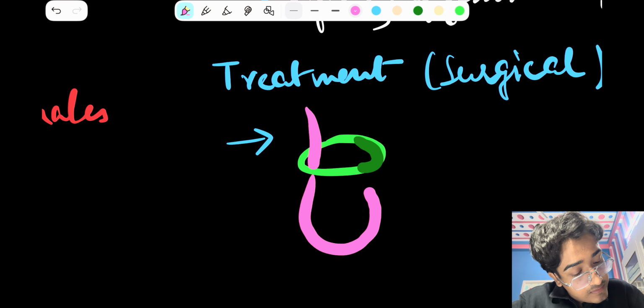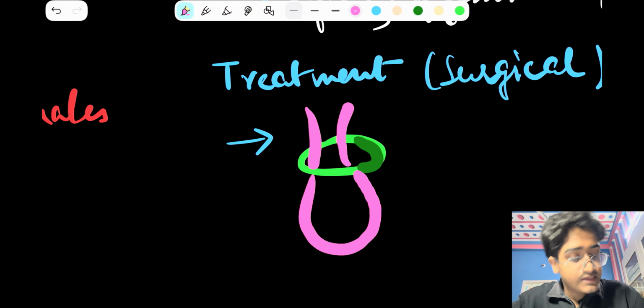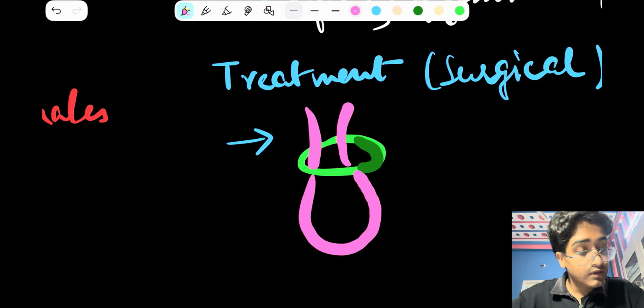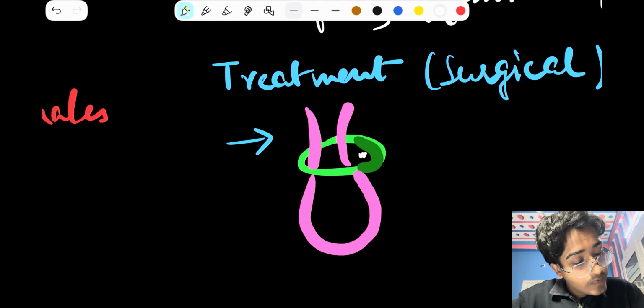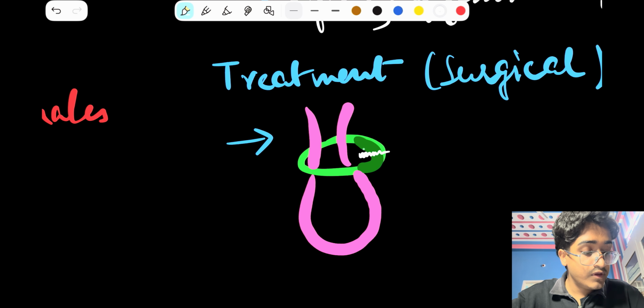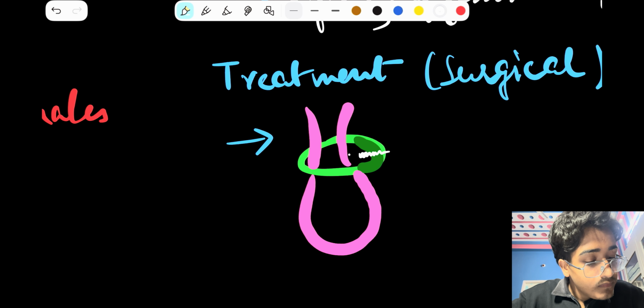Through this, the intestinal contents get protruded out. The surgeon will now incise this part so that they can easily pull this out.